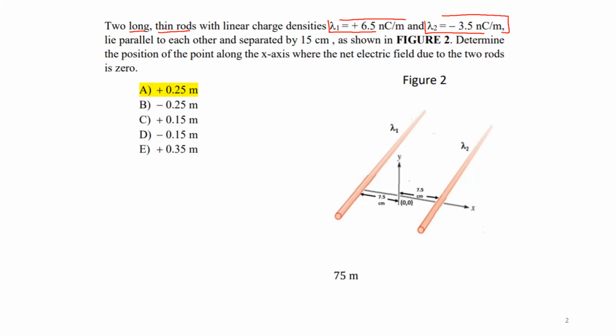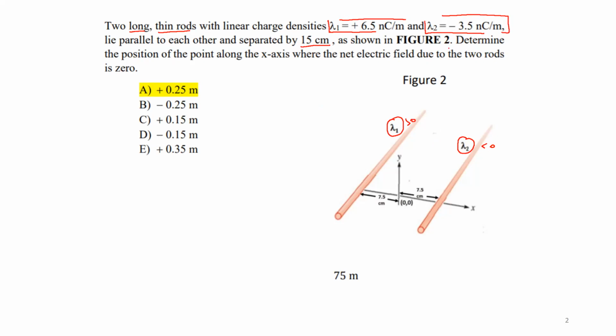These two long thin rods lie parallel to each other and are separated by a distance of 15 centimeters, as shown in the figure below. You see this is the first rod with lambda 1, and this is the second rod with lambda 2. Of course, lambda 1 is positive and lambda 2 is negative.